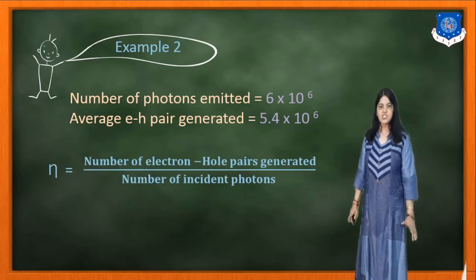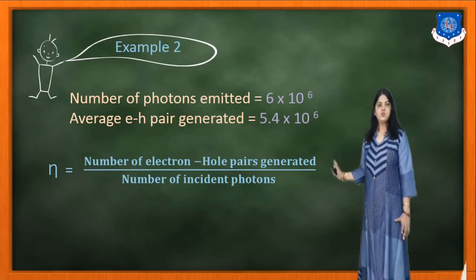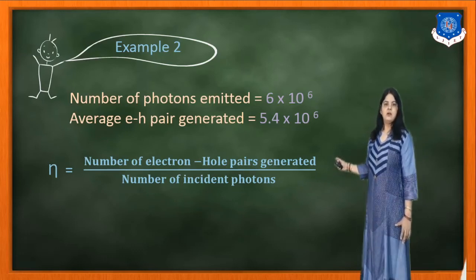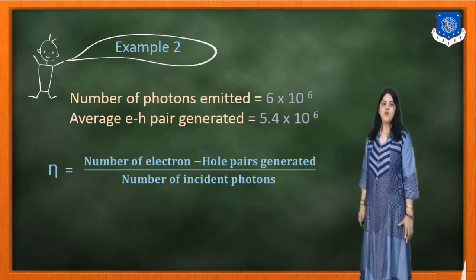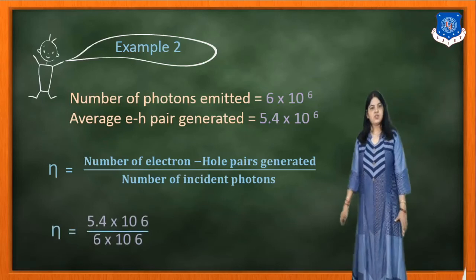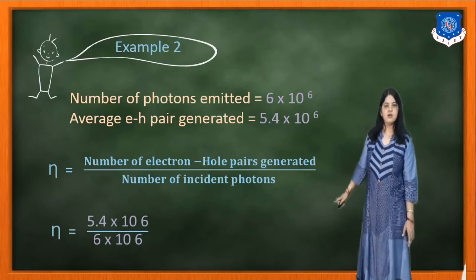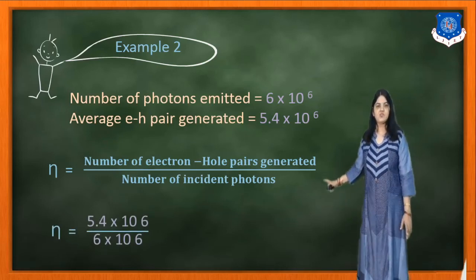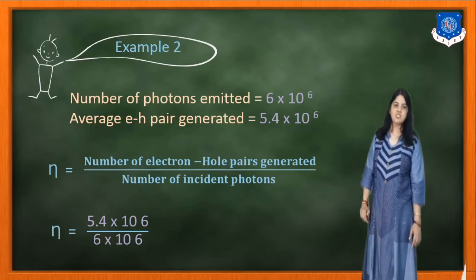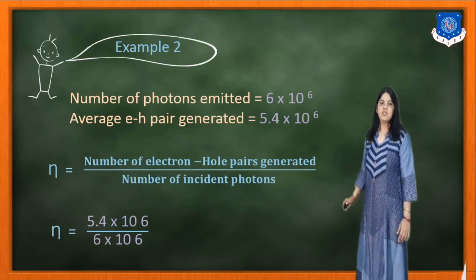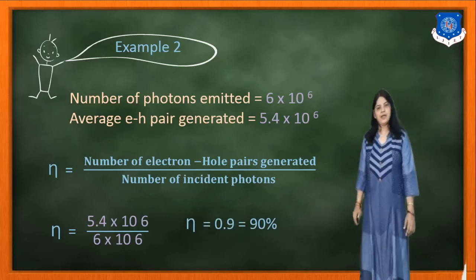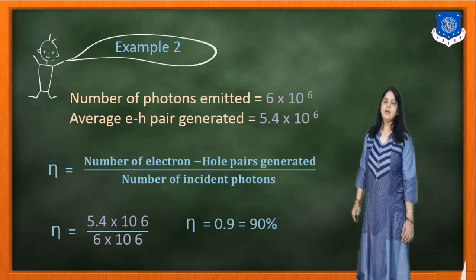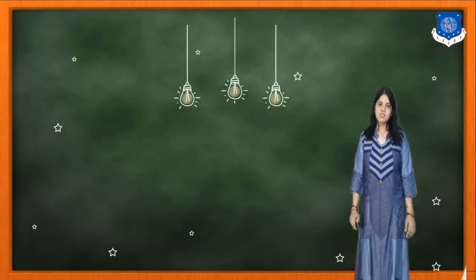The equation for quantum efficiency is eta equal to the number of electron hole pairs generated divided by the number of incident photons. So the number of electron hole pairs generated is 5.4 into 10 raised to 6, and the number of incident photons is 6 into 10 raised to 6. So we get eta equal to 0.9, that is 90%.